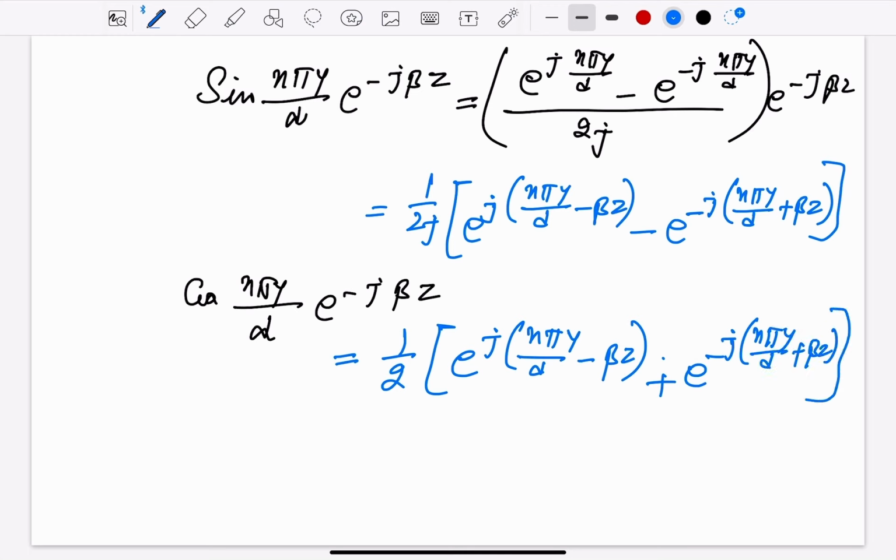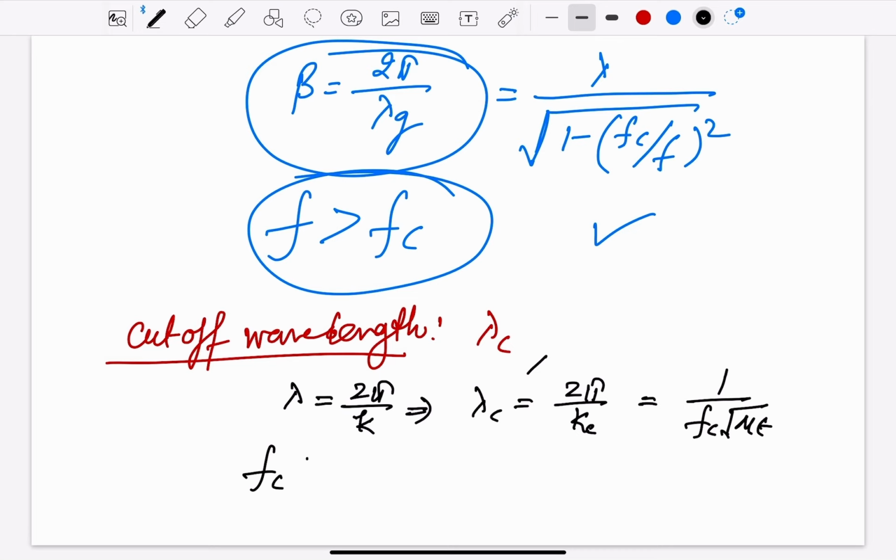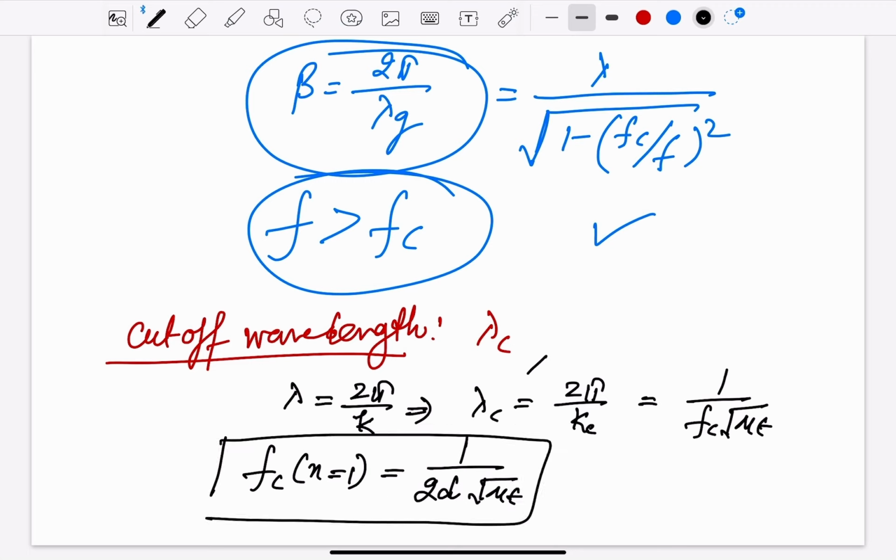Now if you see fc for n equal to 1, how can we write it? 1 upon 2d under root mu epsilon, which gives the cutoff wavelength lambda c equal to 2d.